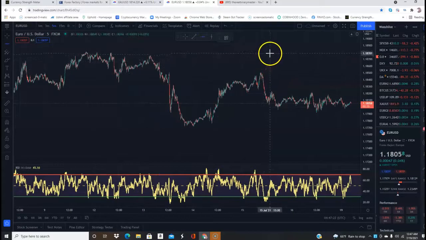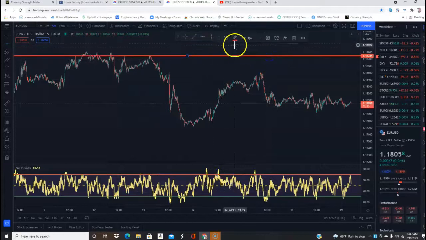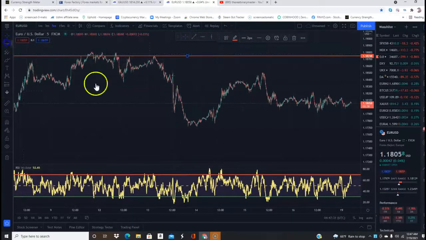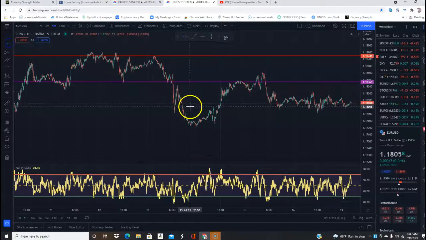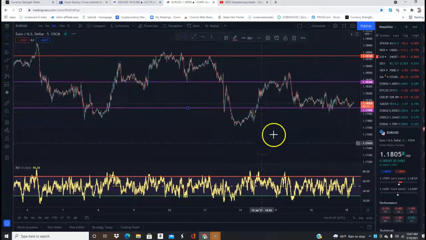So, guys, here in 5 minutes, it looks like we got some resistance up here. Looks like we have some support that turned resistance back to support over here. Now it looks like we have some support turned resistance over here.